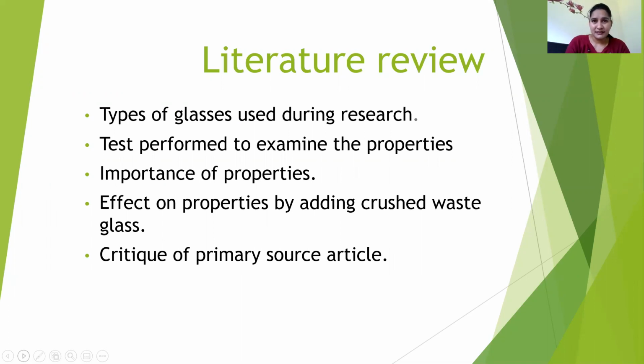By using these glasses, we have performed some tests. The basic tests performed in all the literatures are compressive strength to attain the strength, then plastic shrinkage, done using some equipment, then the slump test to know the workability of the concrete, and basically the absorption test.